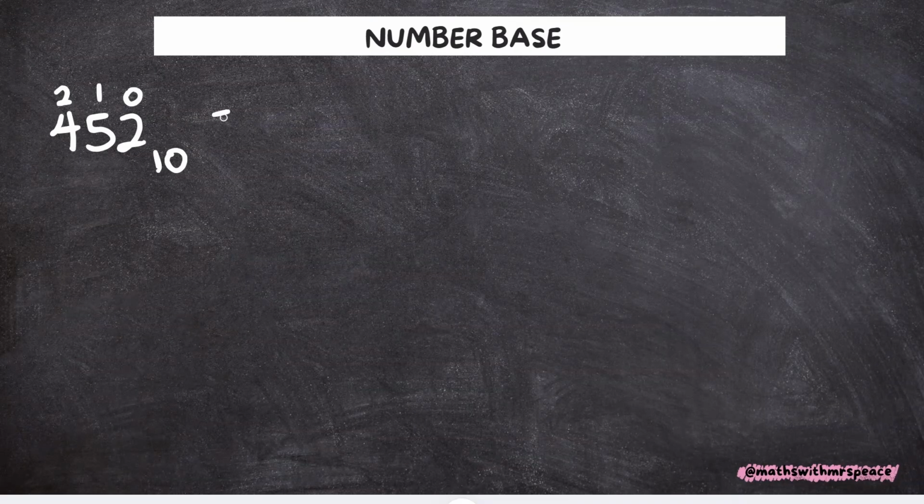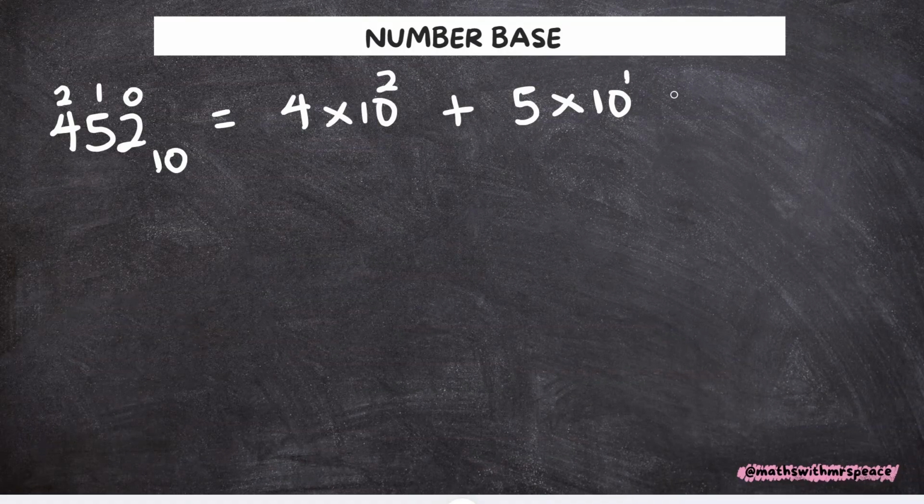It means that we can express every digit here as a multiple of base 10, because this is a number in base 10. So for 4, we're going to have 4 times 10 raised to the power of 2. The 2 is coming from the power that we've written above 4. And next, we're going to have 5 times 10 raised to the power of 1, plus 2 times 10 raised to the power of 0.